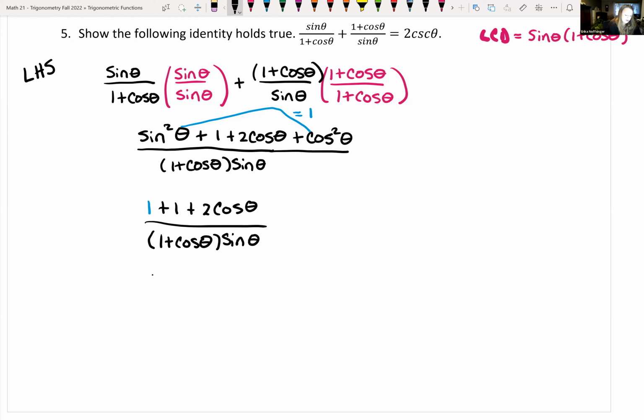So 1 plus 1 is 2, and we have 2 plus 2 cosine theta in the numerator, all over my least common denominator, 1 plus cosine theta times sine theta.